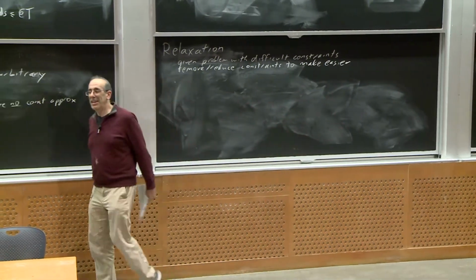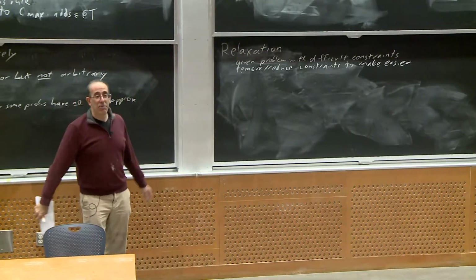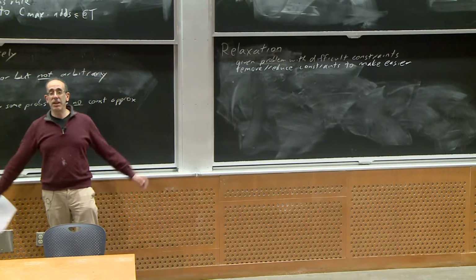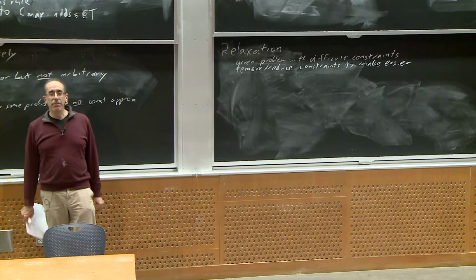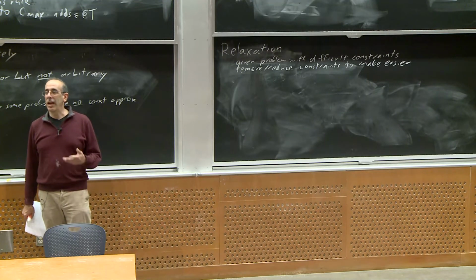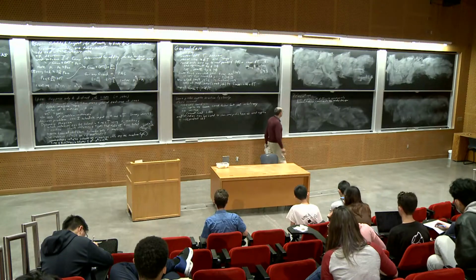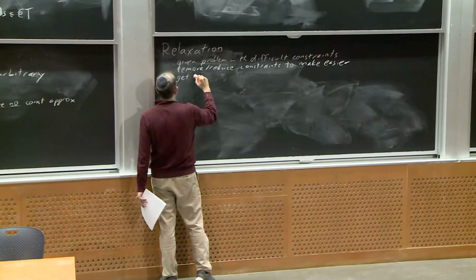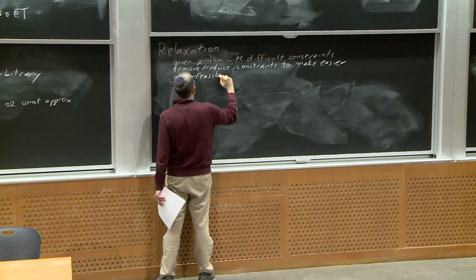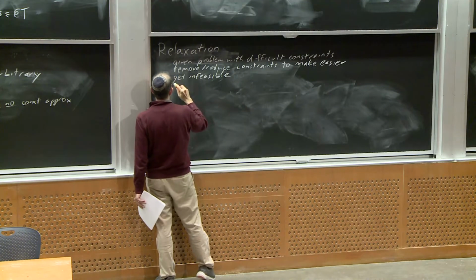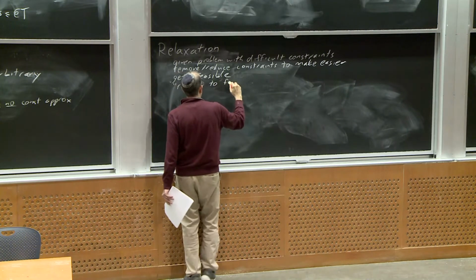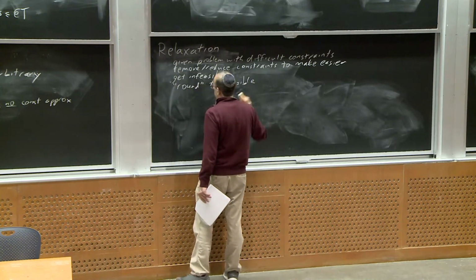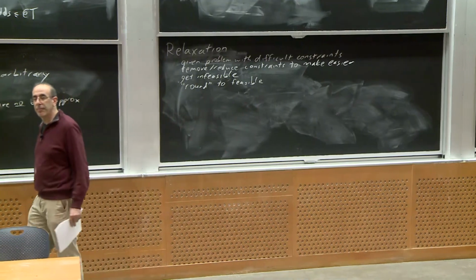Okay, and that's all there is to it, right? Once we take away a bunch of the constraints and the problem's easy, we can solve it. Okay. Now, what's going to happen when we do that? What goes wrong? Exactly. So we get an infeasible solution. And that takes us to the final step, which is we need to somehow round that infeasible solution to a feasible one.